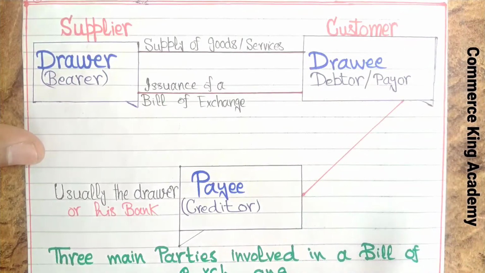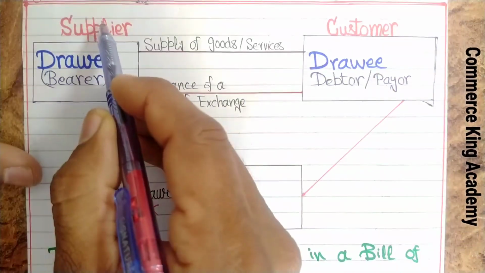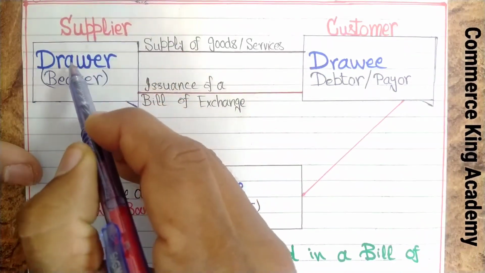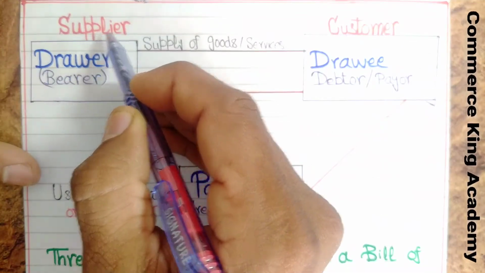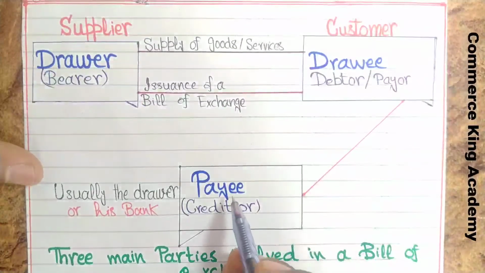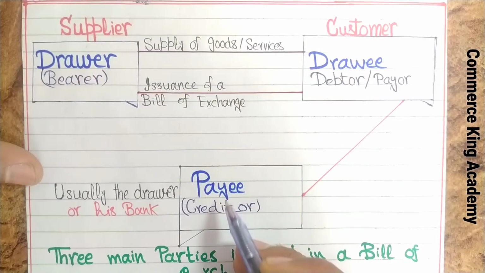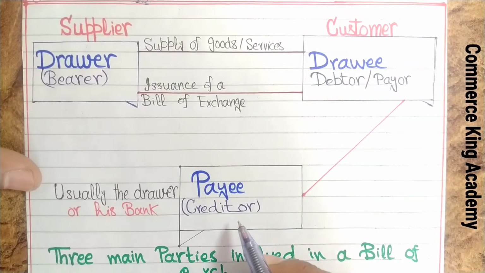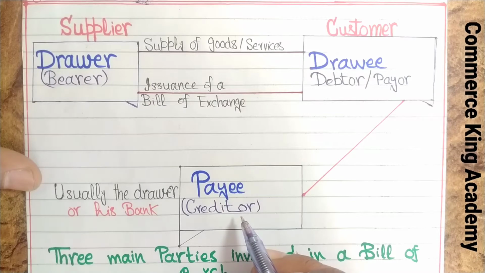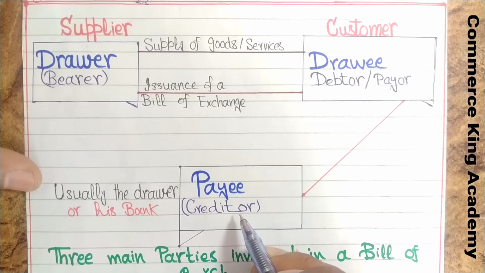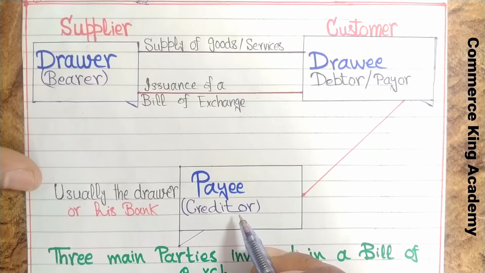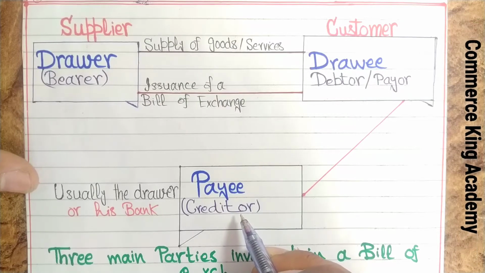And we have already cleared about the first party, supplier, drawer, bearer. This is the same person. Now we will move toward our third party, which is the payee or creditor or the drawer itself, because the drawer receives the payment itself, or sometimes delivers or discounts the bill from a bank.